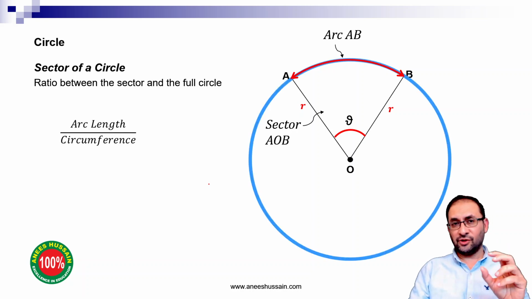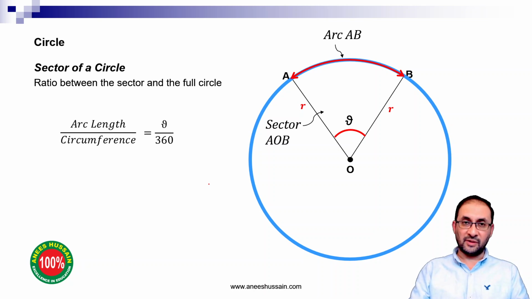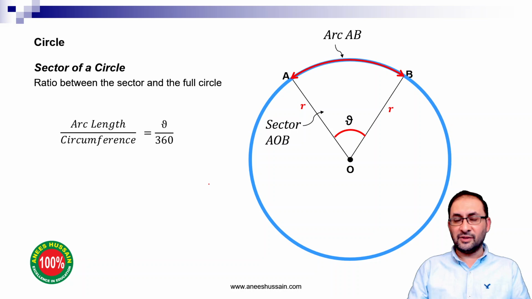That ratio is going to be equal to the ratio between the central angle, which is theta, and the full angle of the circle, which is 360 degrees. So for example, if a question says that an arc measures 1/5 of the length of the entire circumference, then you can conclude that the central angle will also be 1/5 of the full angle, or 1/5 of 360 degrees.